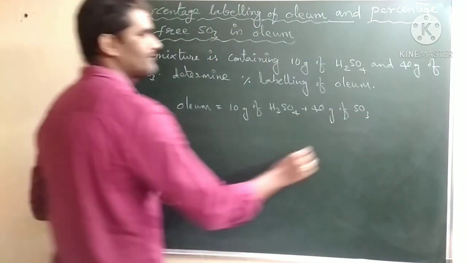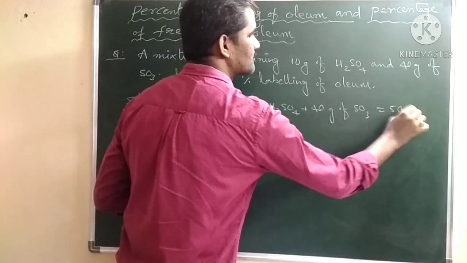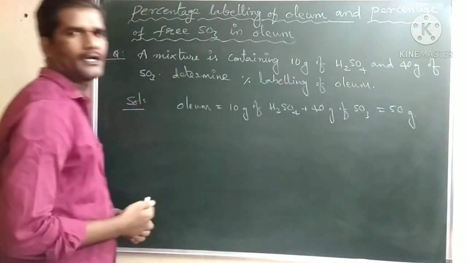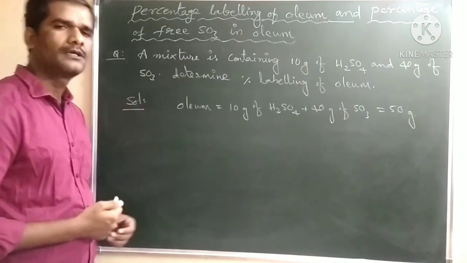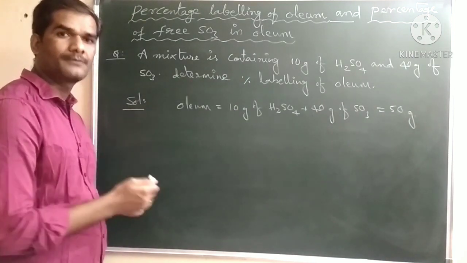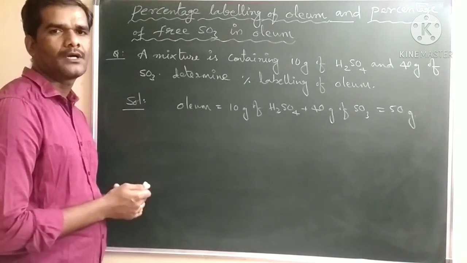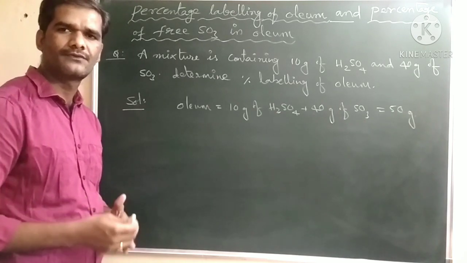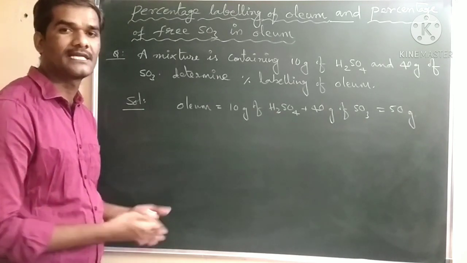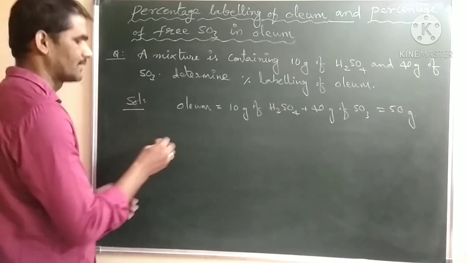So total how much? 50 grams. So we have 50 grams of oleum. But how to label oleum? For 100 grams of oleum, how much water is required, and then how much H2SO4 will it produce? That is its labeling. Now we have to calculate.